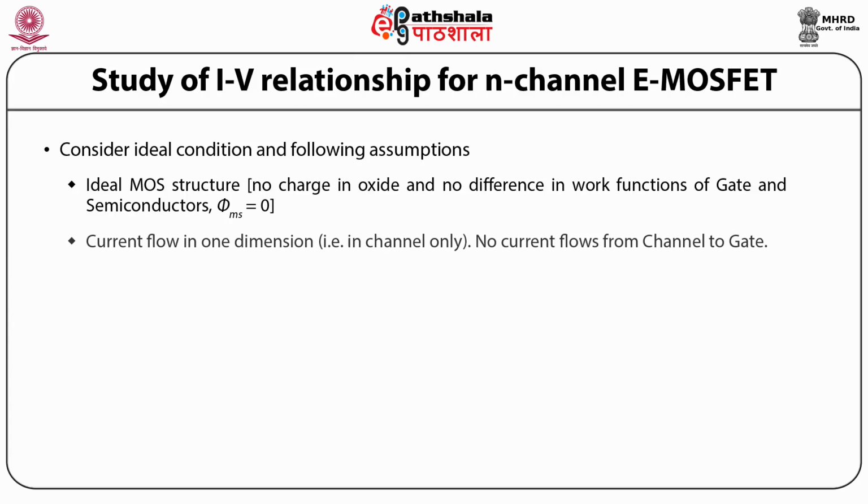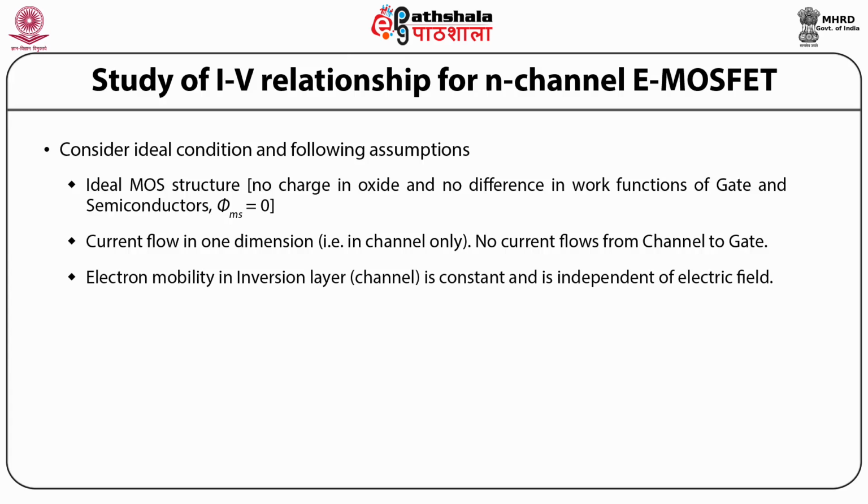Number 2, current flow in one dimension, that is in the channel only. So no current flows from the channel to the gate. Next is the electron mobility in the inversion layer, that is the channel, is constant and independent of the electric field.